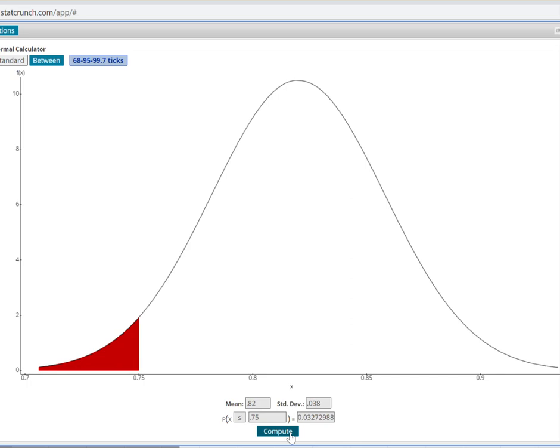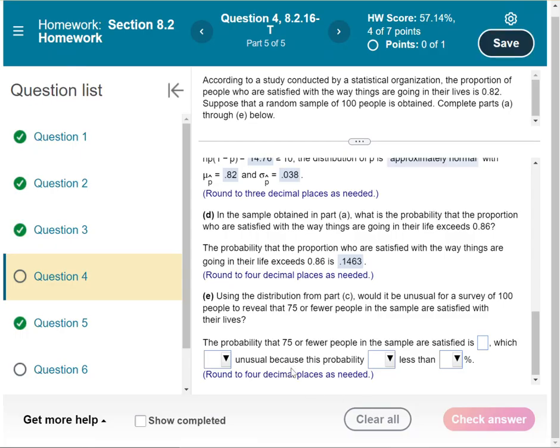So I'm getting 0.0327. Let me go back to the work here. So that is less than 5%. So in part E it does say we're using the distribution from part C, so that didn't change. Our mean and standard deviation were unchanged.